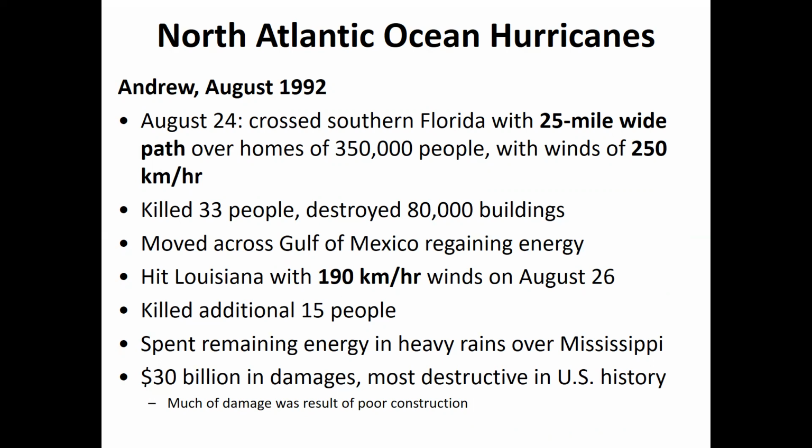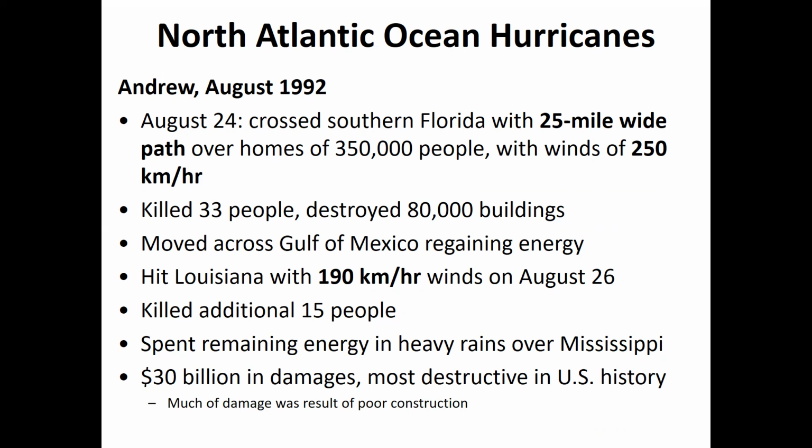It moved over Florida into the Gulf, where it was once again over warm water, so it regained energy. It hit Louisiana with 190 kilometer per hour winds on August 26th, killed an additional 15 people, and spent the remaining of its energy dropping heavy rains over Mississippi.